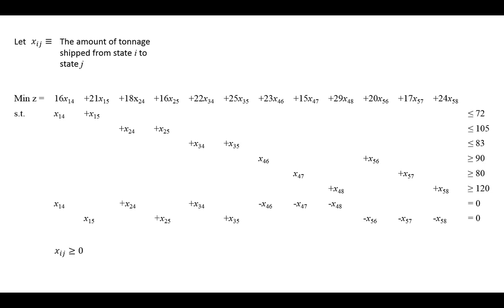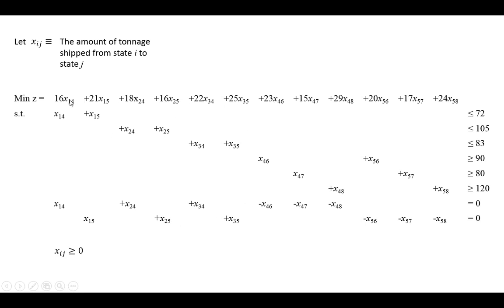So this slide is showing a way that you can illustrate a formulation for a transshipment problem. Again, we have our decision variable defined up here, and then we have the 3 elements really of an optimization or linear programming problem: the decision variable, the objective function, and then the constraints.